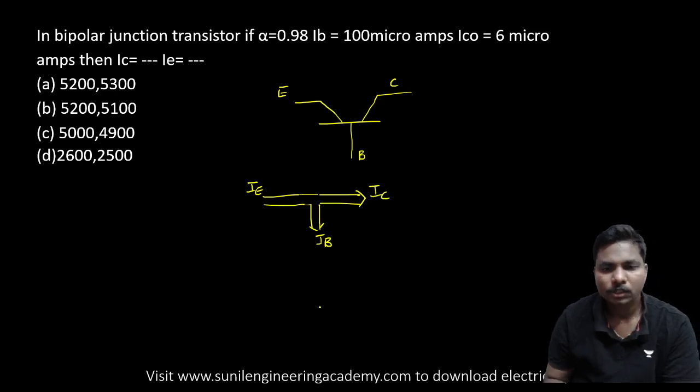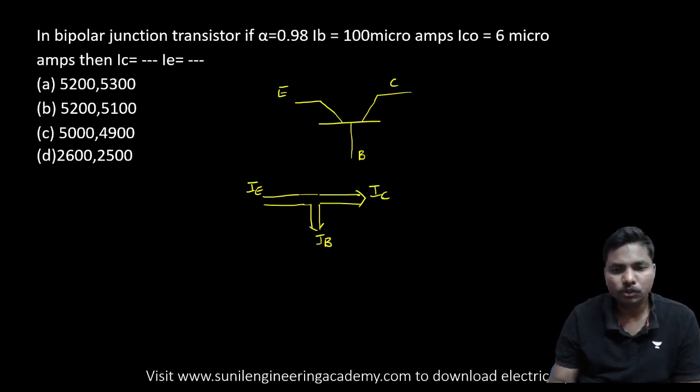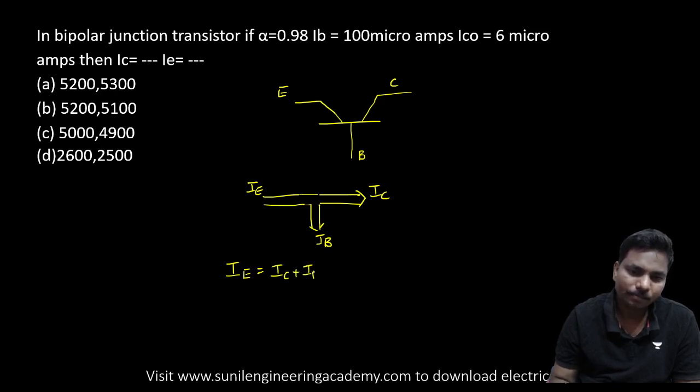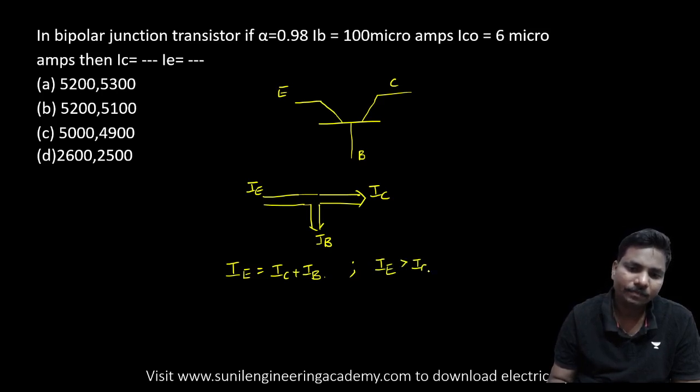We know very well in electrical, input is equal to output plus losses. So IE is always equal to IC plus IB. That means IE is a little greater than IC.